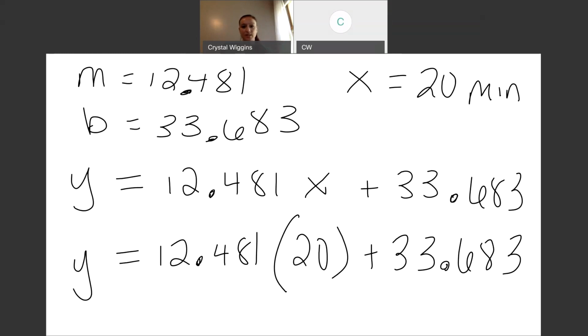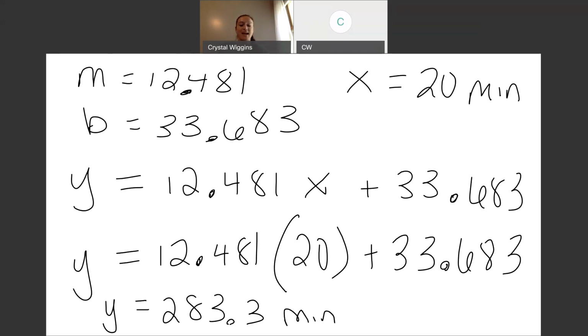You can't see my calculator, but it's right here. I press enter, and I see that if Old Faithful erupts for a duration of 20 minutes, we can expect 283.3 minutes before the next eruption.